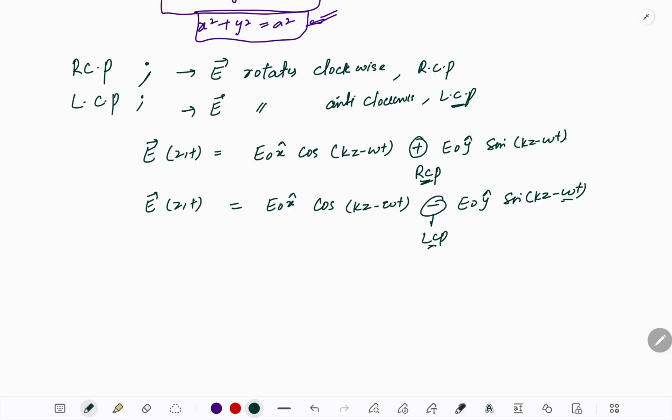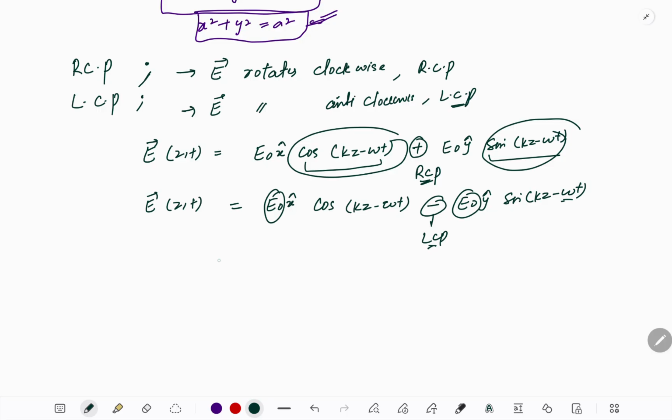But keep one thing in mind, that the E naught and E naught must be the same in both, that is, equal amplitudes in the x and y components. This is very important. And you see one important thing, that here is cos and here is sine. So the phase difference between the components is always 90 degrees. You have to keep in mind that a phase difference of plus minus pi by 2 between the components has to be followed.